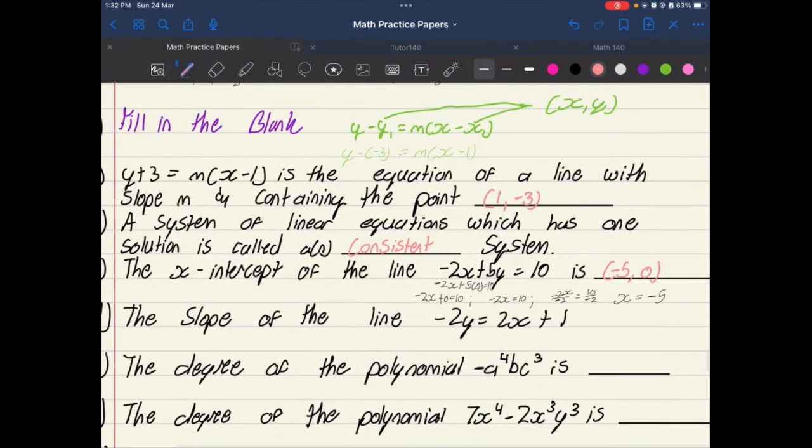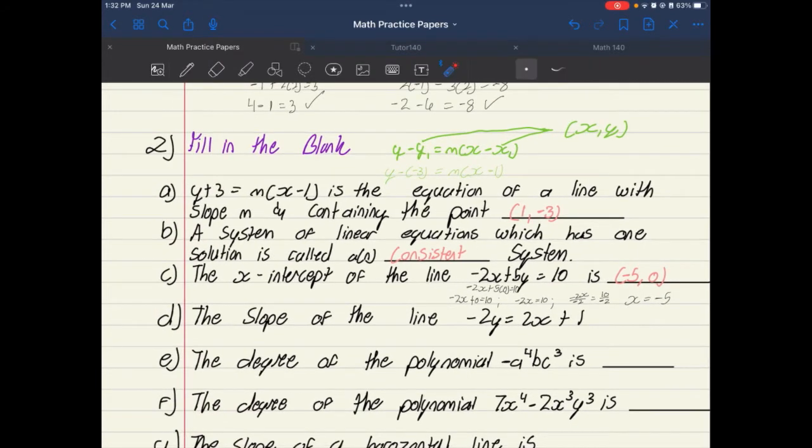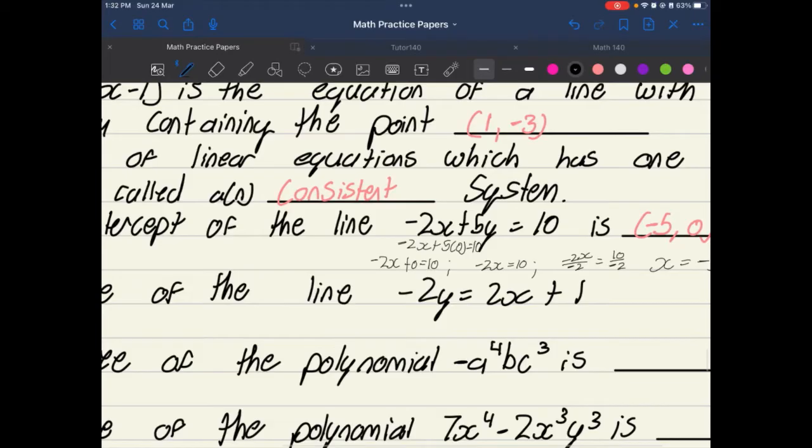Okay. So the slope of the line negative 2y equals 2x plus 1. To find the slope, we have to solve for y. So to solve for y, we have to get rid of this negative 2. To do that, we could divide by negative 2. So divide everything by negative 2.